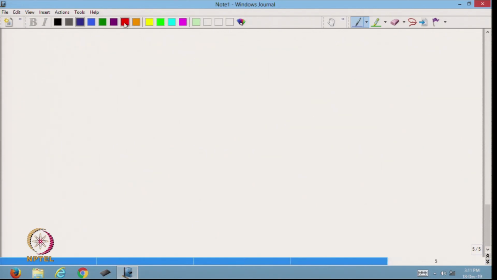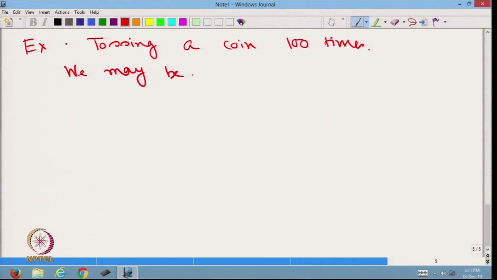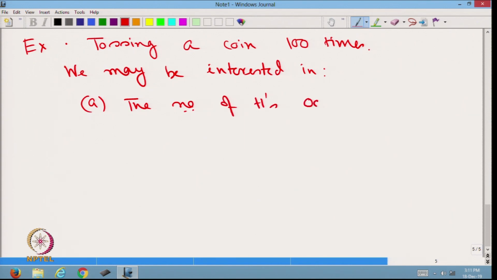For example, tossing a coin a hundred times. For this random experiment, we may be interested in the number of heads occurred in one trial.